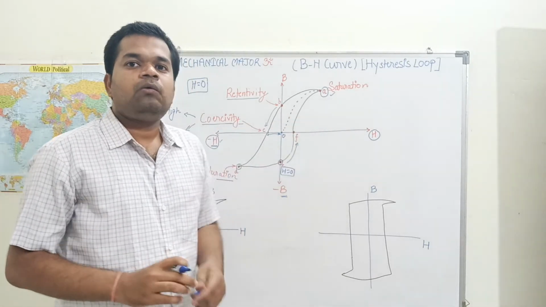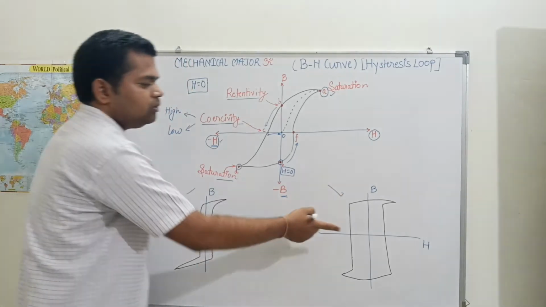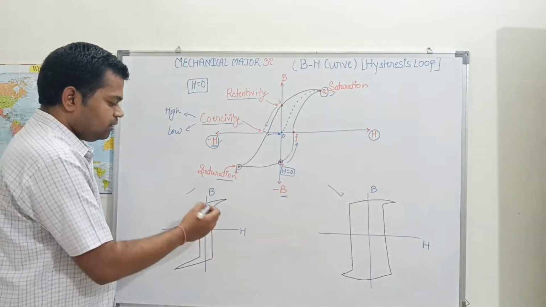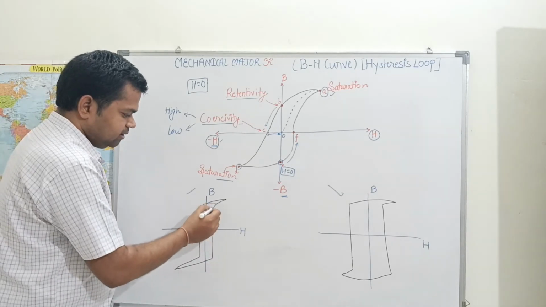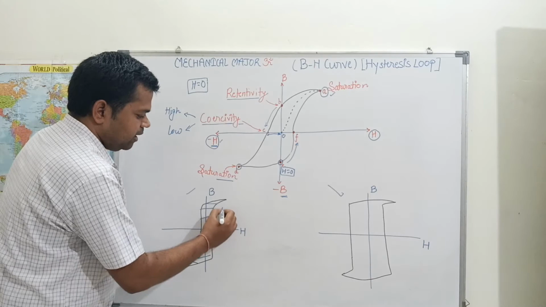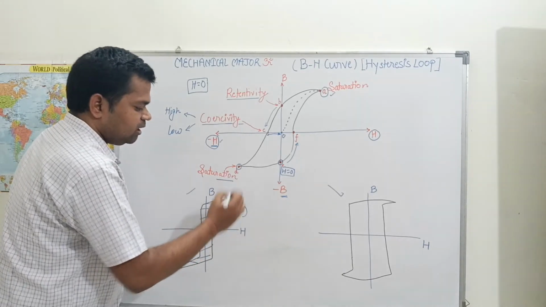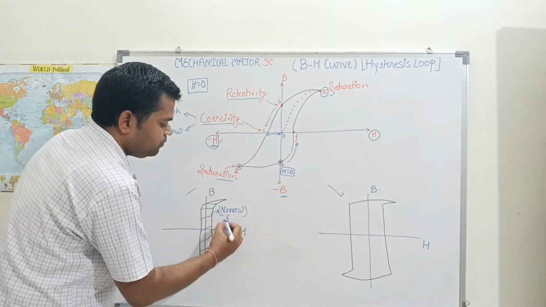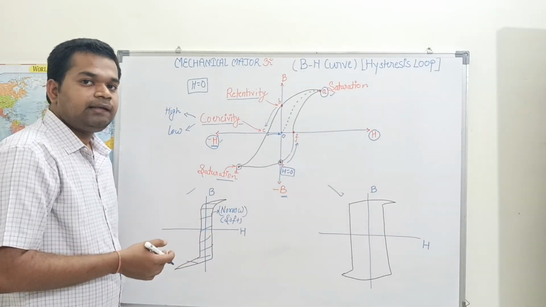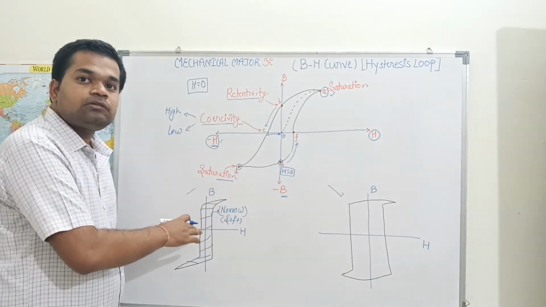Now we have two more figures which I have made. In this particular figure, this is the area of the BH curve and it is very narrow, and we have just learned that a narrow BH curve area is for magnetically soft material, and the magnetic energy stored is also less.